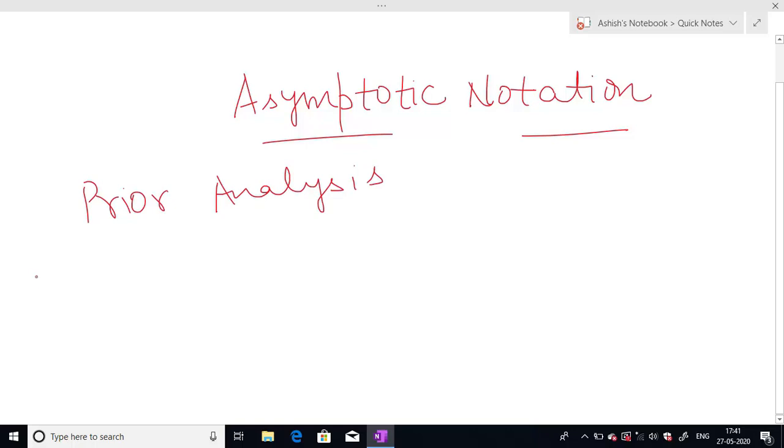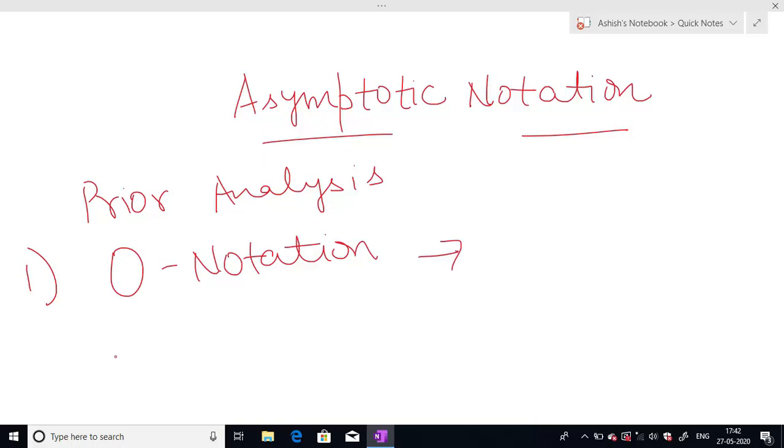So there are three types of asymptotic notation. First is big O notation. We use big O notation when we have only an asymptotic upper bound of the algorithm.